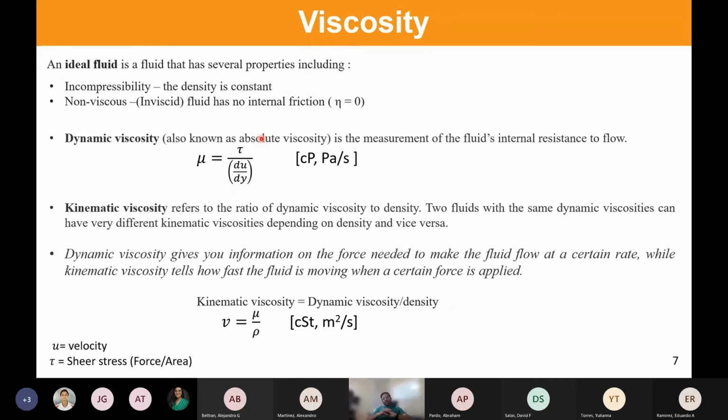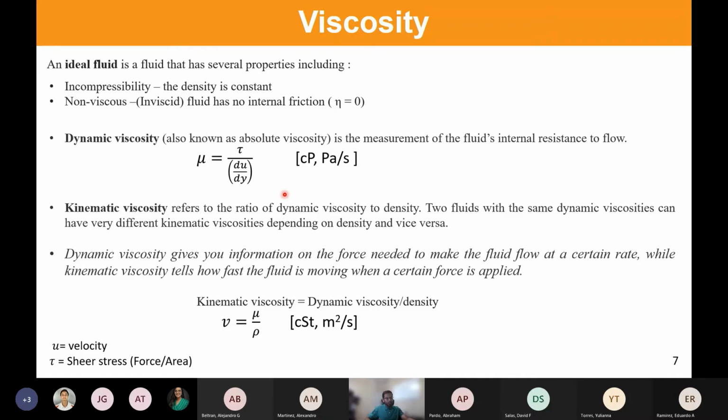When you divide the dynamic viscosity by the density of the fluid, you get kinematic viscosity. If you notice, the unit of dynamic viscosity is pascal-seconds, whereas kinematic viscosity is meters squared per second. So your dynamic viscosity tells you what pressure or what resistance per second your fluid can provide.